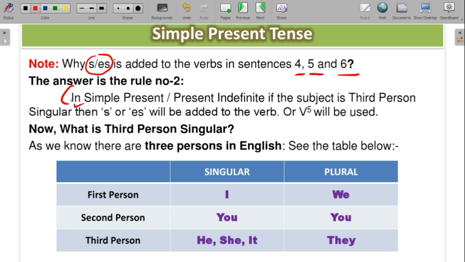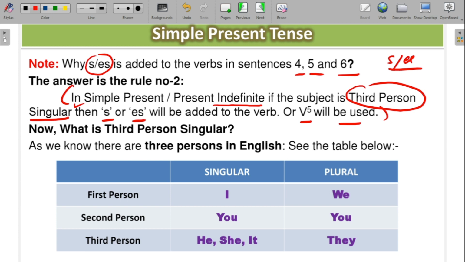In simple present or present indefinite, if the subject is third person singular, then s or es will be added to the verb, or the verb fifth form will be used. Verb fifth form means, as I already said, the es form of the verb, that is the singular form of the verb.